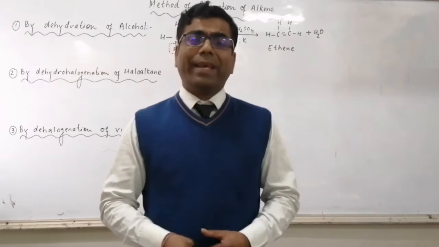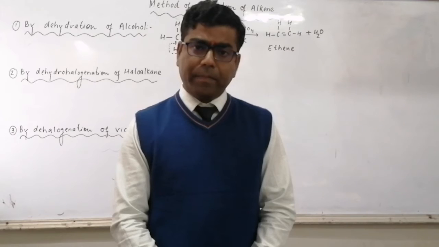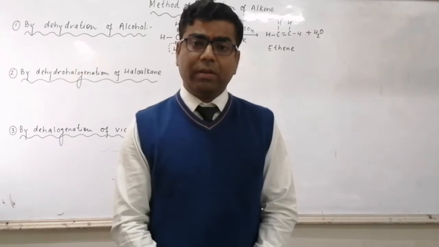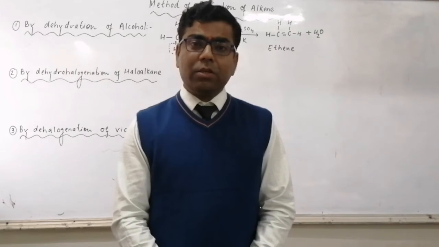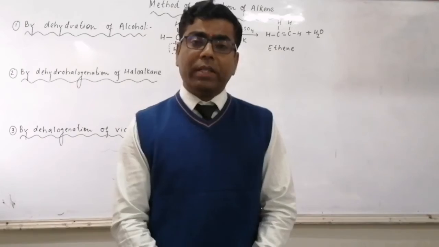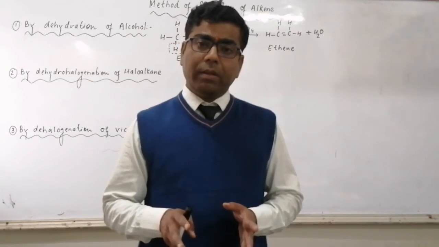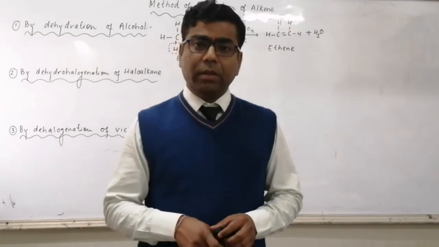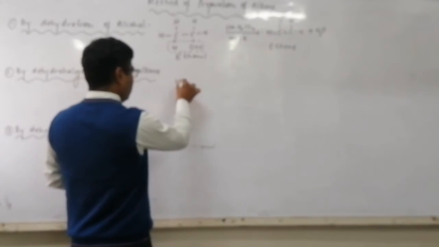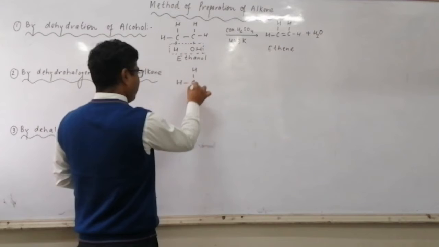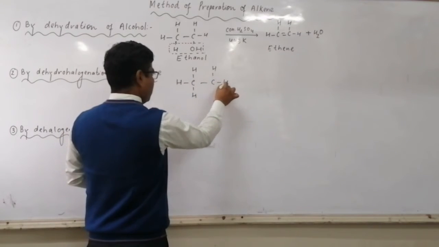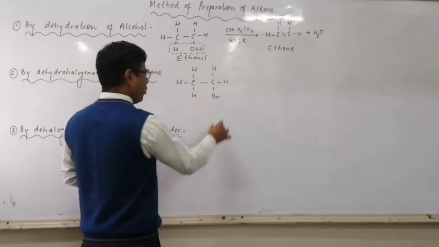So if haloalkanes or alkyl halides are heated in presence of alcoholic KOH, then haloalkanes or alkyl halides undergo dehydrohalogenation, as a result of which we obtain alkenes as the product. So here let us use bromoethane. This is your bromoethane.